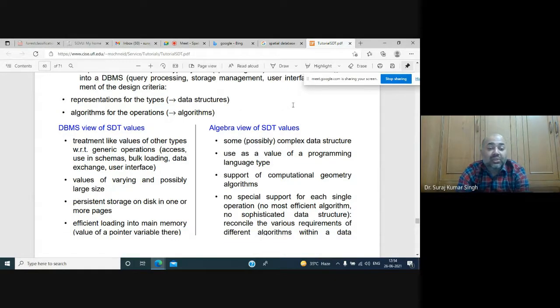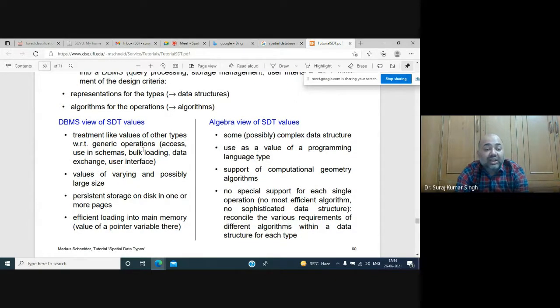So DBMS view in SDT values is like treatment like values of the other types with respect to generic operations like access, use in schema, bulk loading, data exchange, user interface, values of varying and possibly large size, persistent storage on disk, in one or more pages, efficient loading into the main memory.